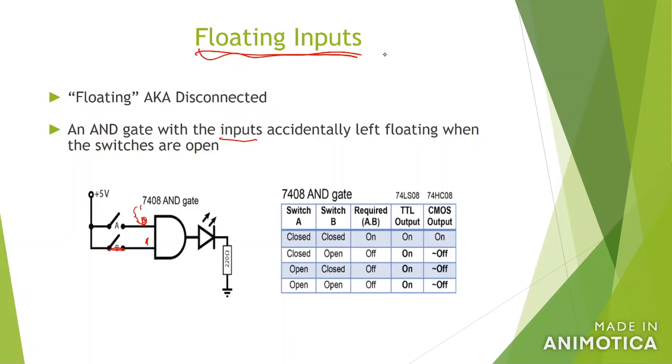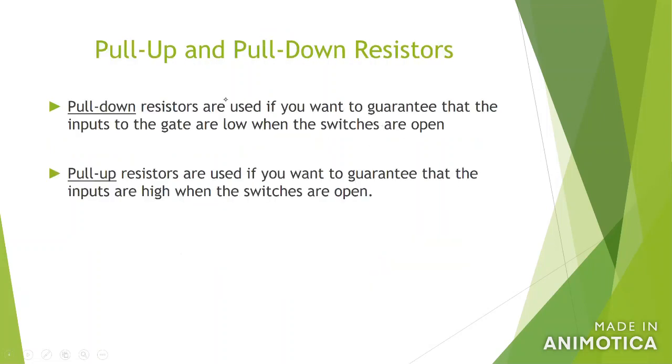We need to avoid floating inputs. How do we avoid this? We use pull up or pull down resistors. From the name, it's very easy to understand. A pull up resistor means the resistor is connected to the voltage, and a pull down resistor means the resistor is connected to the ground.